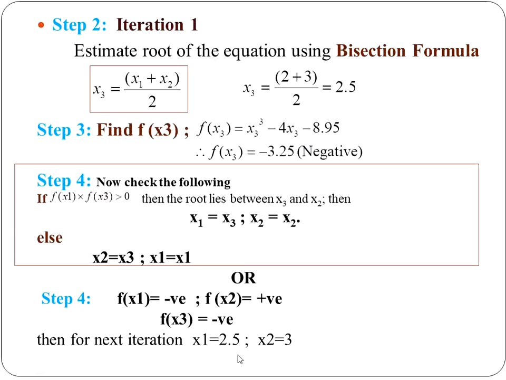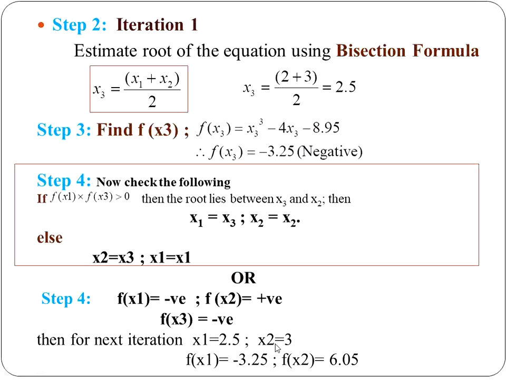So up to this, the first iteration is over. Now for iteration number 2 we can make use of the same functions. Function of x1 we have already calculated, that is minus 3.25, which becomes function of x1 for the next iteration.